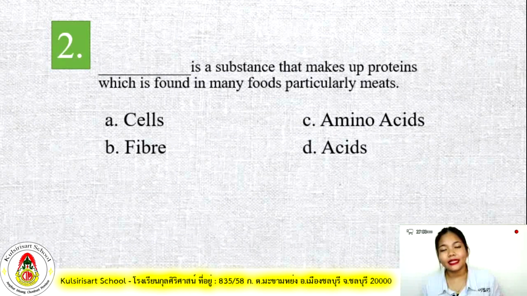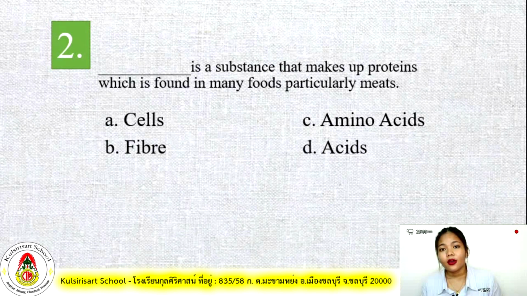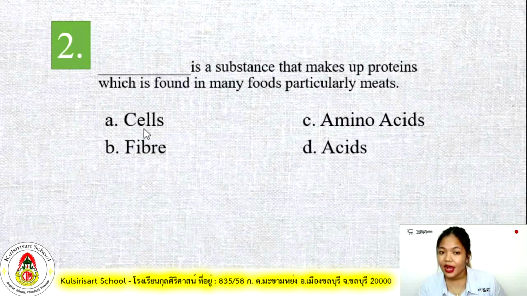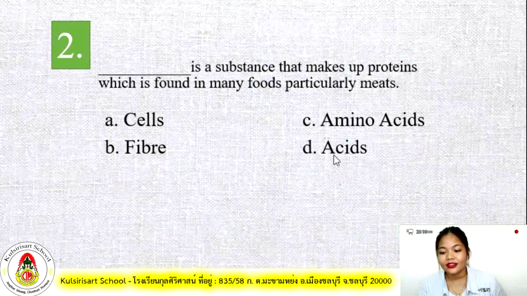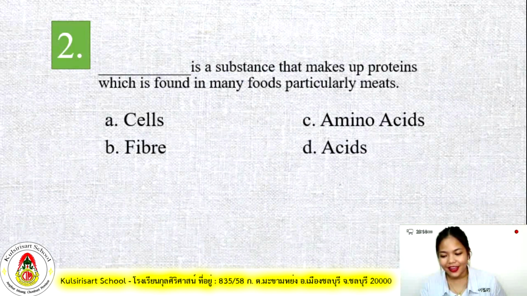This is the building blocks of proteins. What do you call this one? Is it letter A, cells, letter B, fiber, letter C, amino acids, or letter D, acids? Now write your answers on your yellow book.